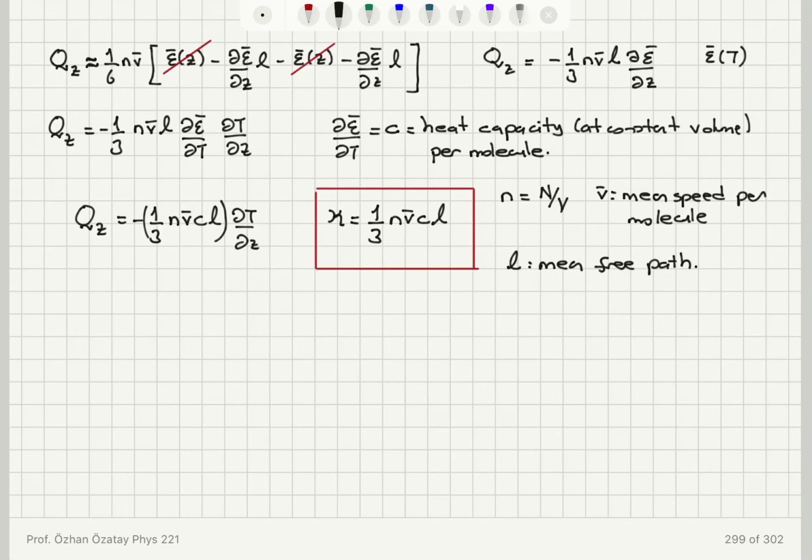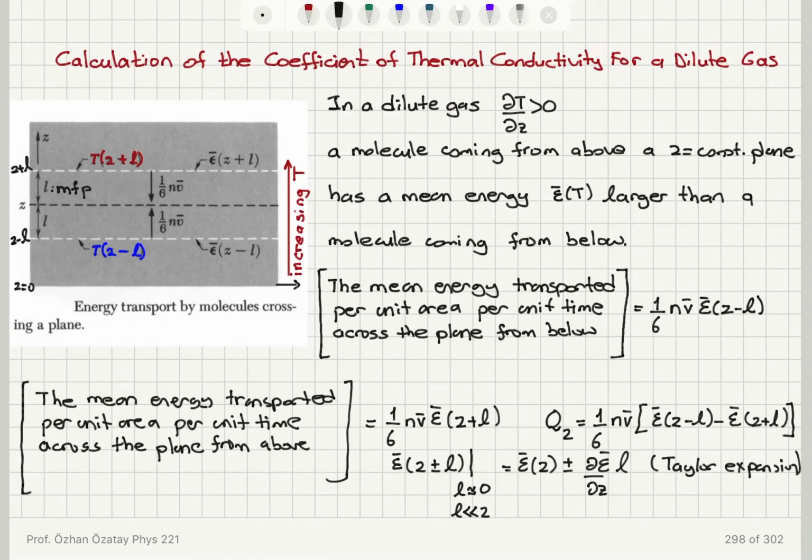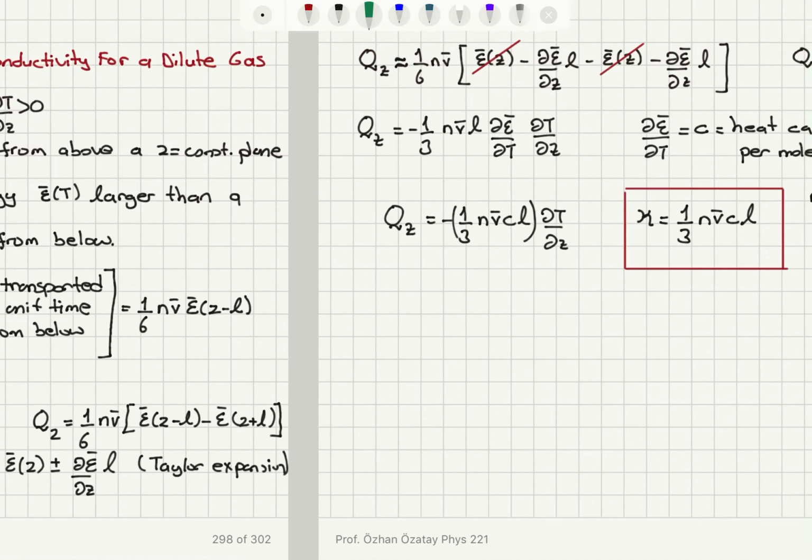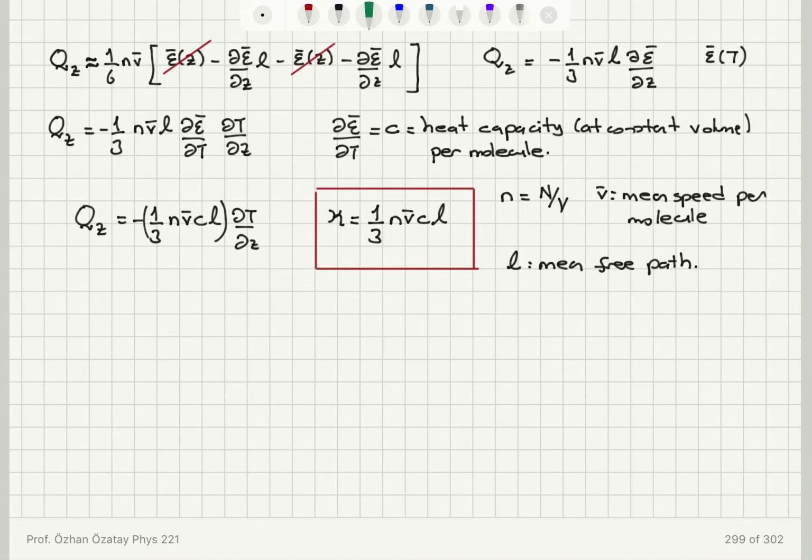So let's review what we said. We have a dilute gas where the temperature is increasing from top to bottom. So we are defining our reference direction for the heat flow. So heat flux is defined in the positive z direction, and at the end I have obtained a minus sign.